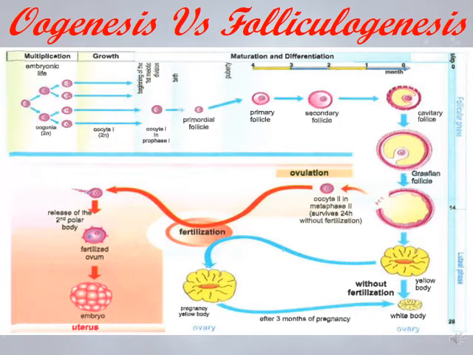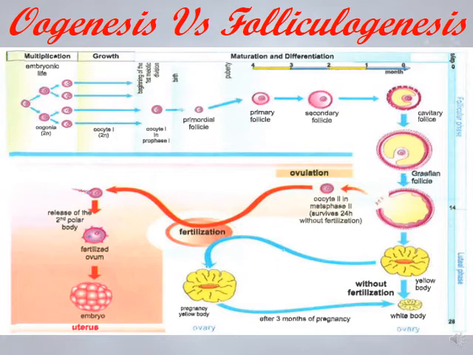Here we have the oogenesis versus the follicular genesis. Multiplication, growth, beginning of the first meiotic division at puberty, maturation and differentiation. For the follicles, the primordial will give primary, secondary, cavitary, and the Graafian follicle. At ovulation, oocyte 2 survives 24 hours without fertilization.